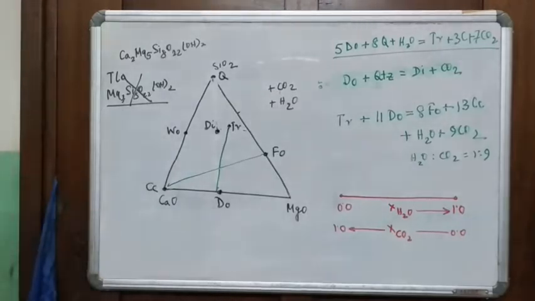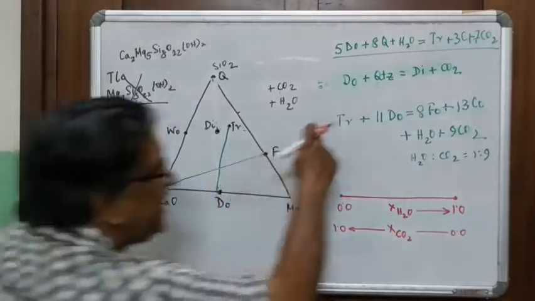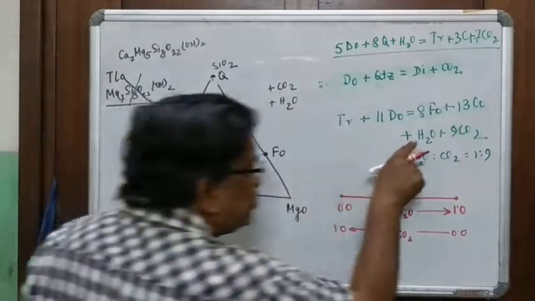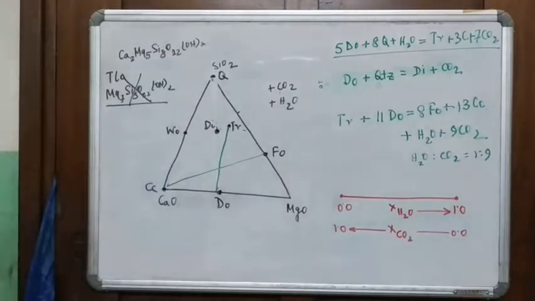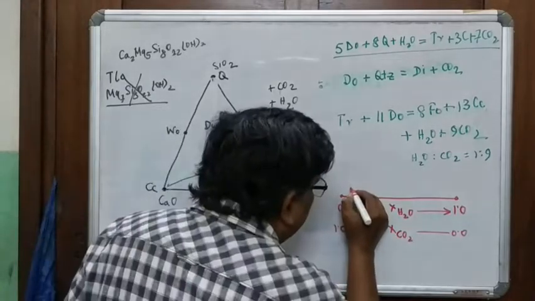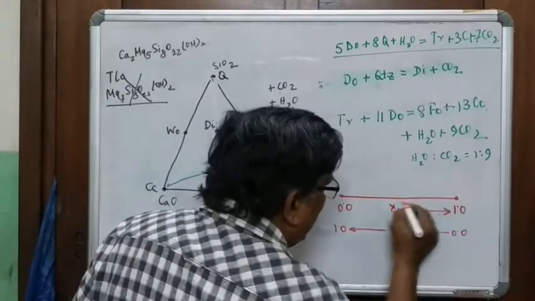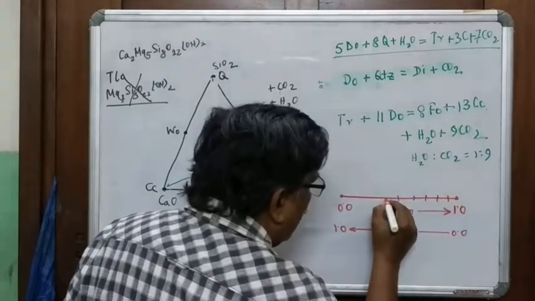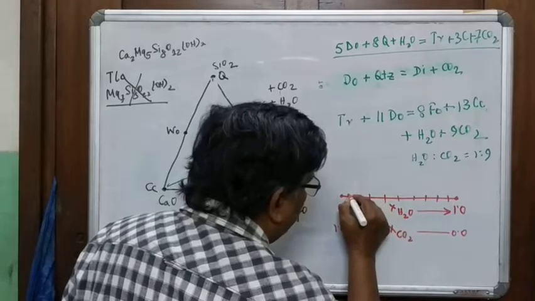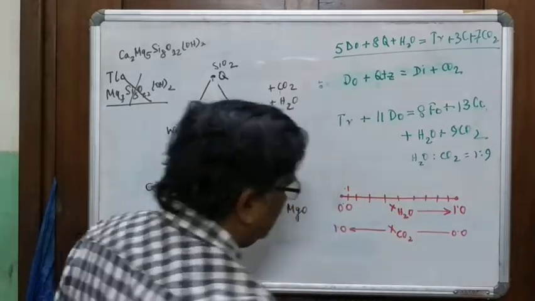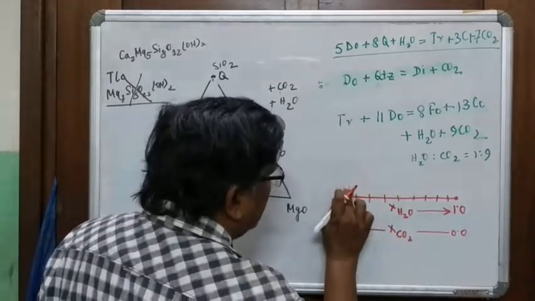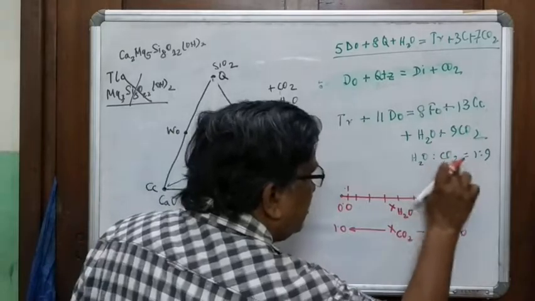So this reaction is producing H2O to CO2 in a 1:9 ratio. So if you take this as 1.0, this is 0.5, 0.6, 0.7, 0.8, 0.9, 0.4, 0.3, 0.2, 0.1. So this is XH2O equal to 0.1.